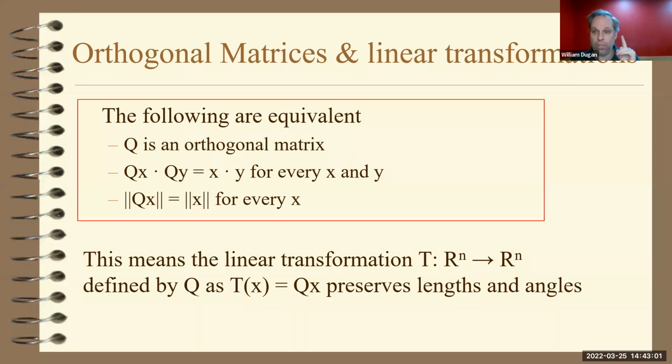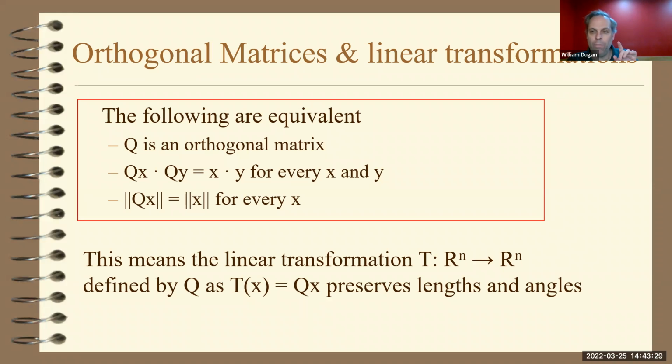Now that's important because if you remember, in order to find the angle between two things, you need their dot products. To find an angle, all you need is their dot product and their lengths. Well, it just so happens that with orthogonal matrices, if you take the vector and take its length, and take Q times that vector and take its length, those are the same length.